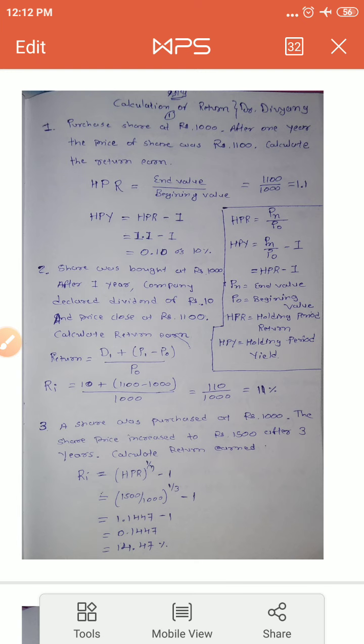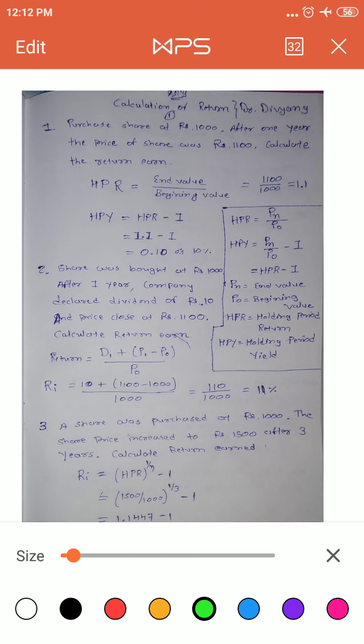This formula we already applied in semester 2 in equity valuation, so the same formula needs to be applied here. The equation is dividend plus P1 minus P0, whole divided by P0.